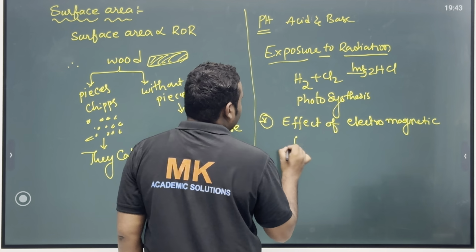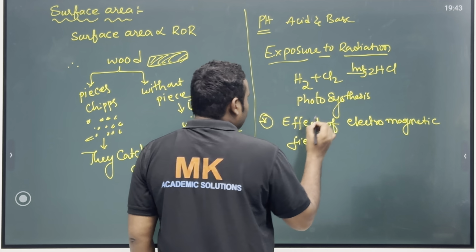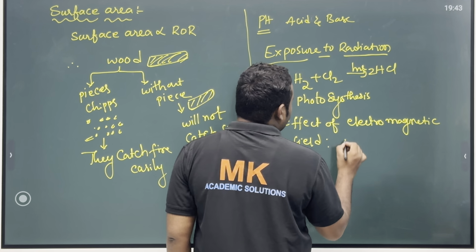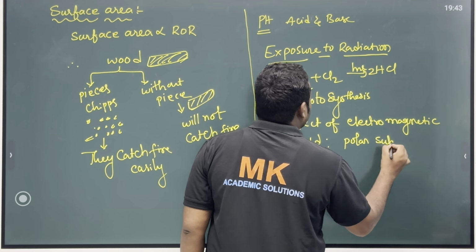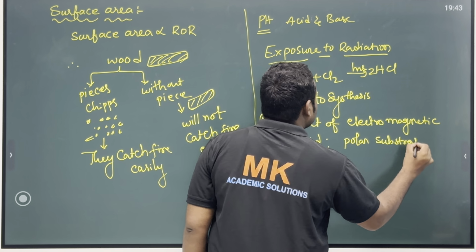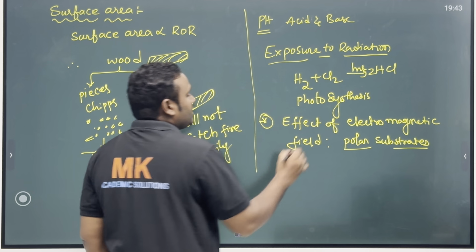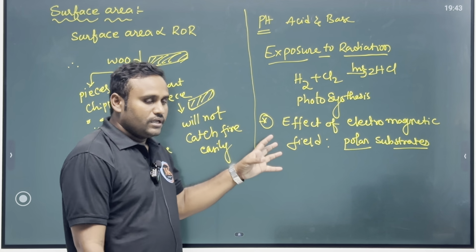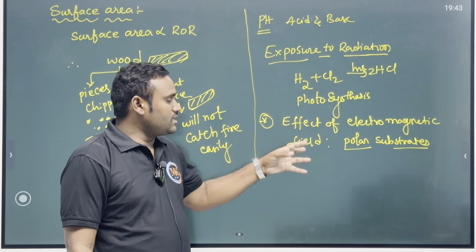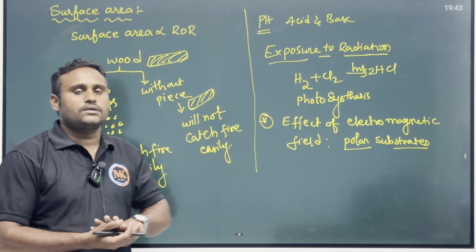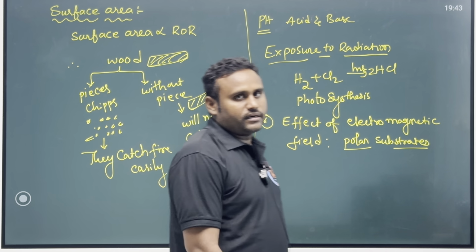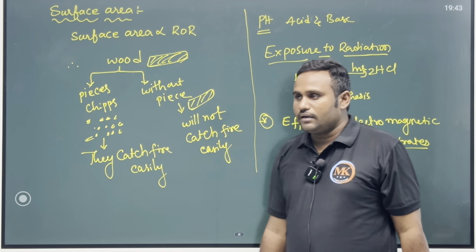This is important in the case of polar solvents, polar substrates. When we are having polar substrates, only then can we imagine some effect of the electromagnetic field on the rate of reaction. Okay, so these are the total factors which affect the rate of reaction.